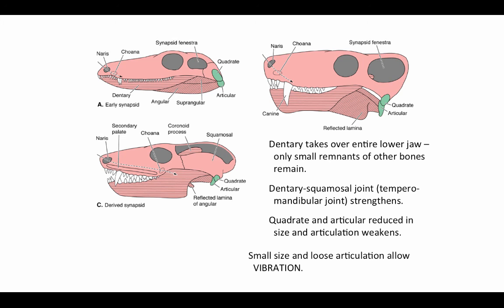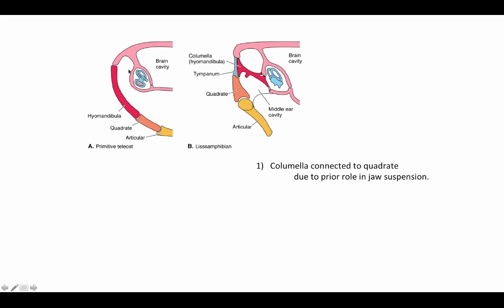And remember, we still retain that ancestral connection between the articular, quadrate, and columella. So here we see in a primitive teleost, articular, quadrate, hyomandibula, making that connection with the region of the ear. So the columella, remember, is connected to the quadrate due to its earlier role in jaw suspension.